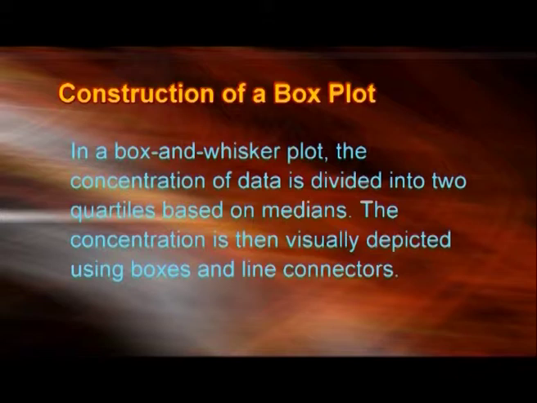In a box-and-whisker plot, the concentration of data is divided into 2 quartiles based on medians. The concentration is then visually depicted using boxes and the line connectors.